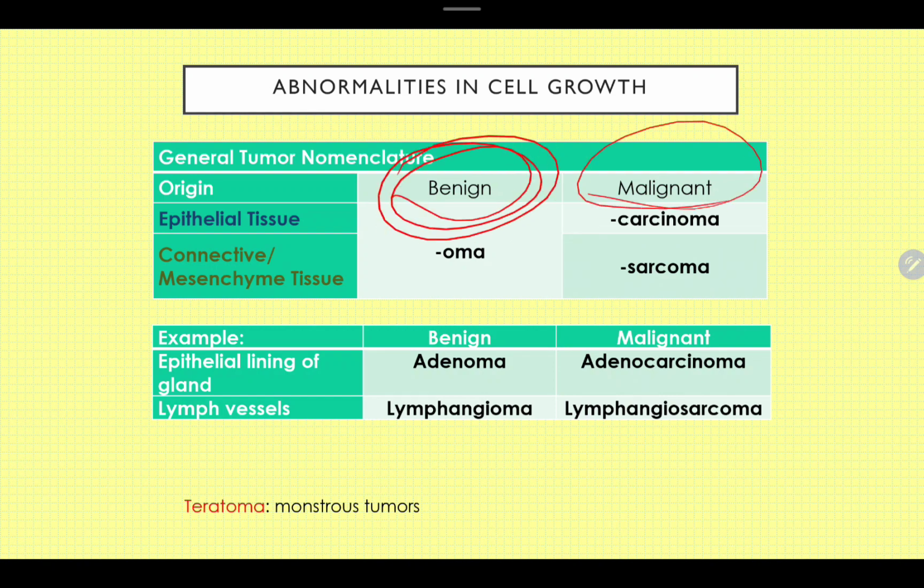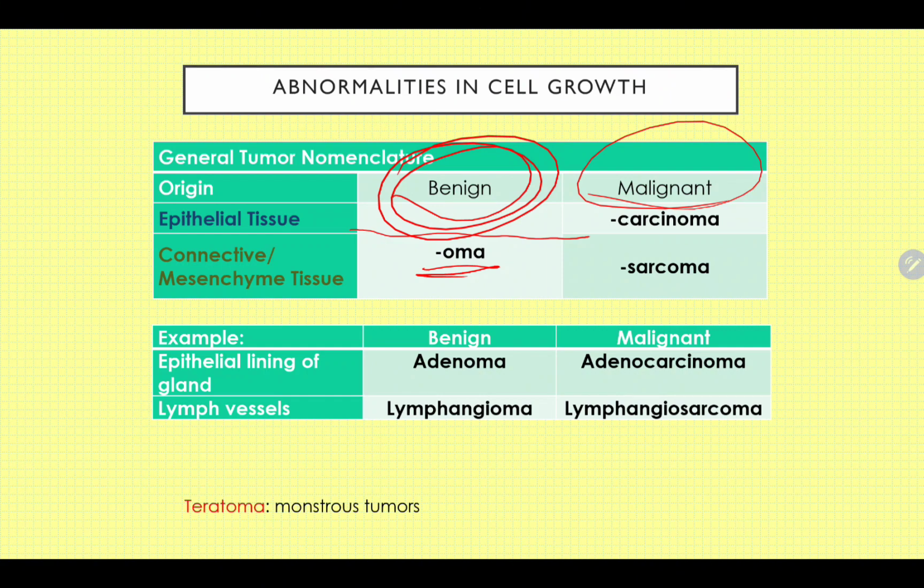Okay? So, for the benign, whether the origin is epithelial, connective, or mesenchyme, it ends with oma. Oma. Okay? If malignant, and the origin is epithelial, that is carcinoma.